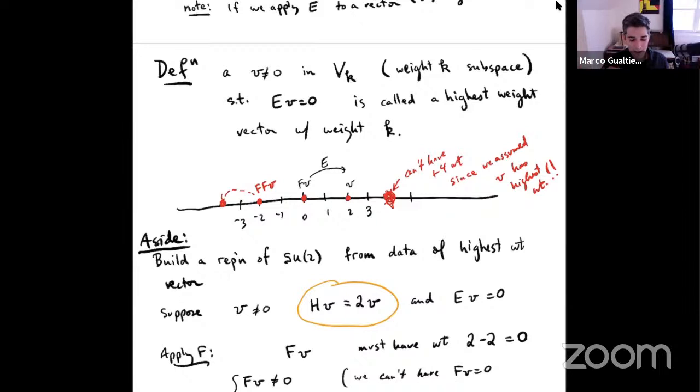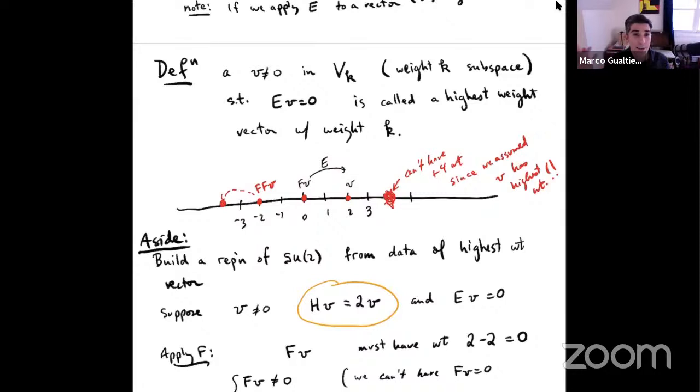All I'm trying to do here is build an irreducible representation from a highest weight vector. And so that's what I've done. I started with a highest weight vector, I generated this, and this is closed under the action of the 3 elements. And so therefore, it is a representation.